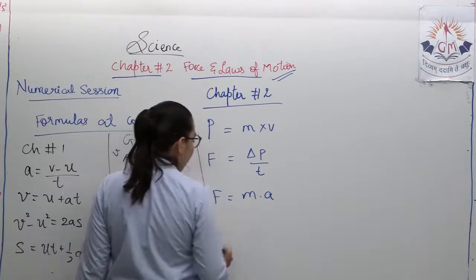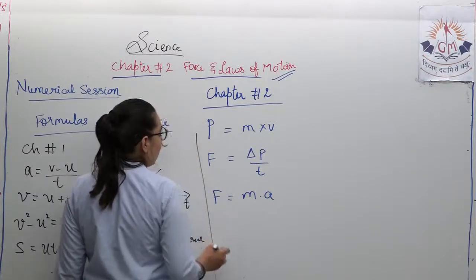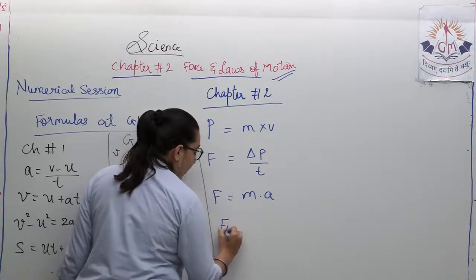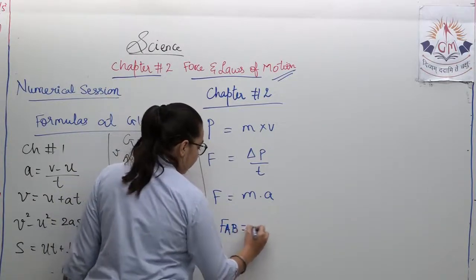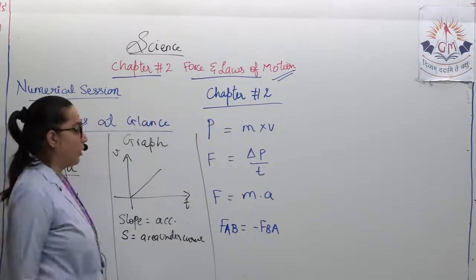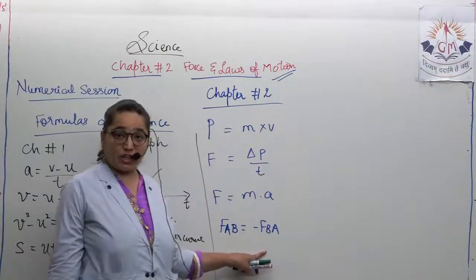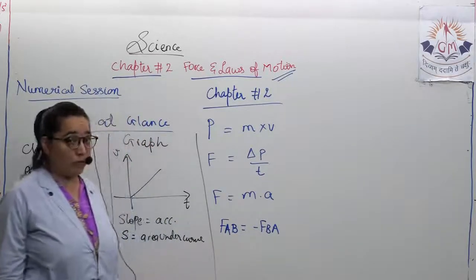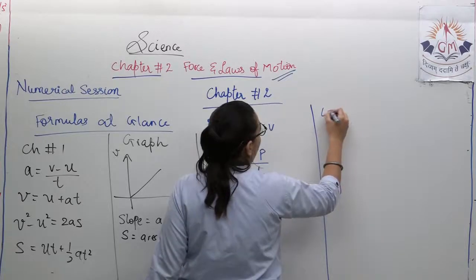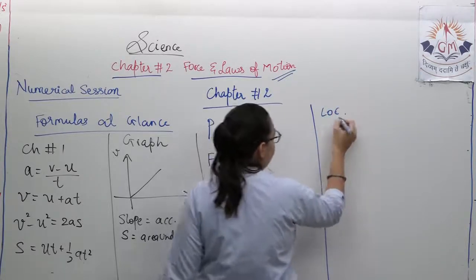After that, we have discussed Newton's third law of motion. That is, the force acting on any object is equal in magnitude but opposite in direction. So this is also a helpful concept. Next, the law of conservation of momentum.